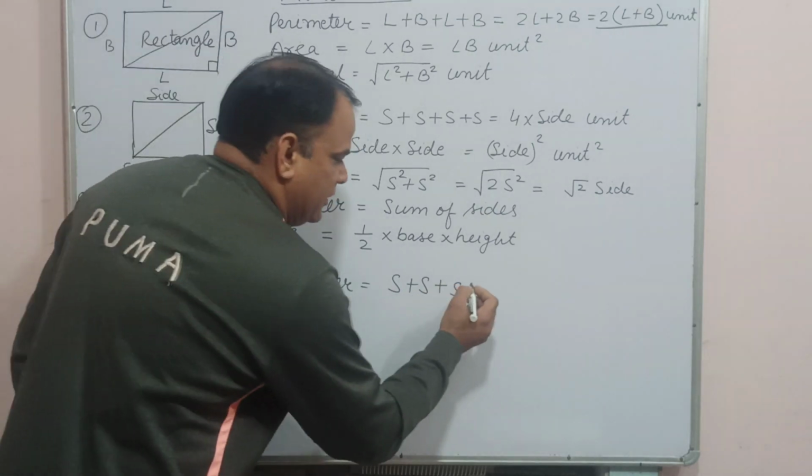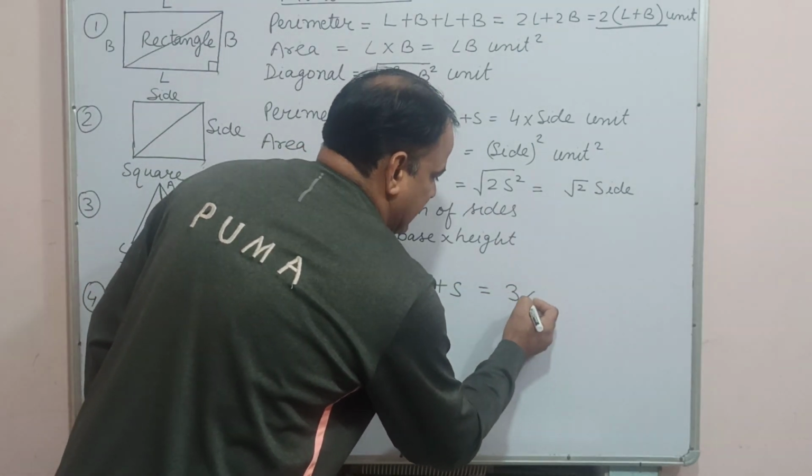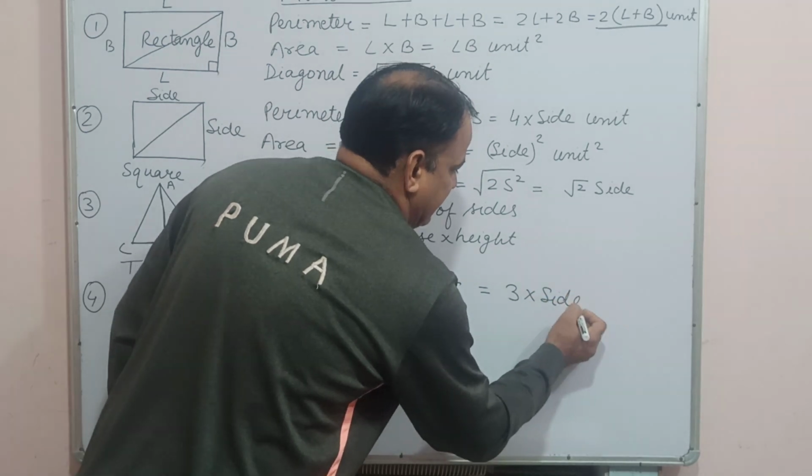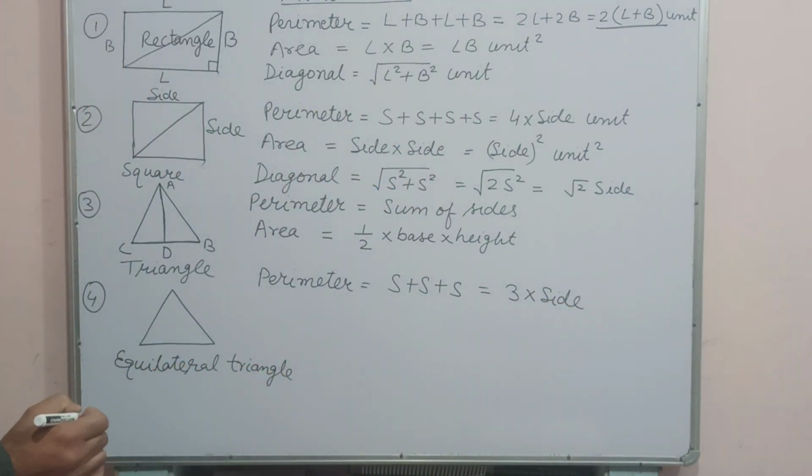All sides are equal, so we can write that as 3 into side. That is the perimeter of the equilateral triangle.